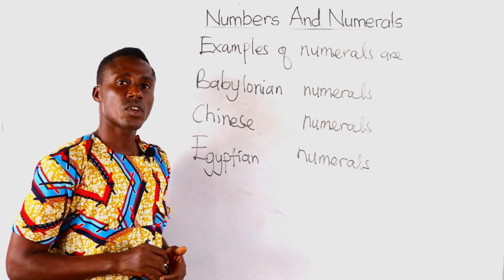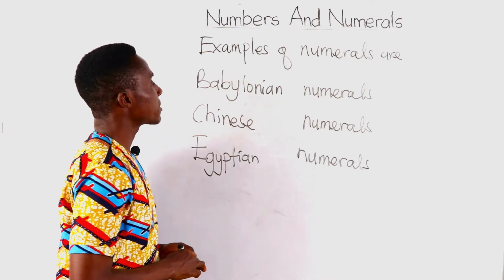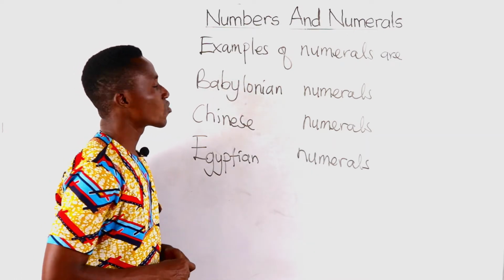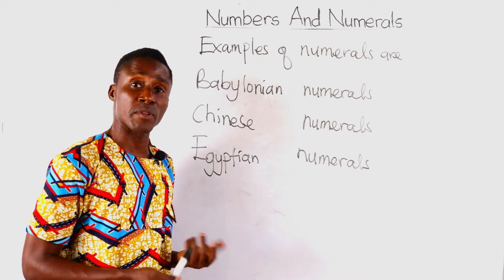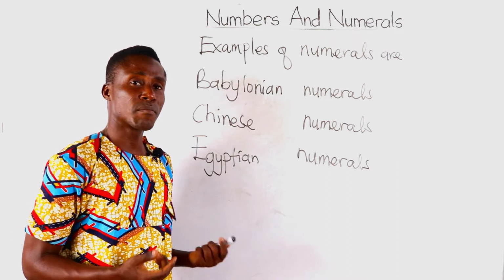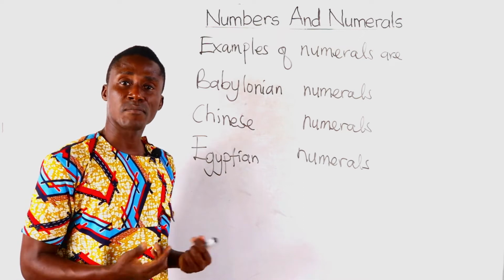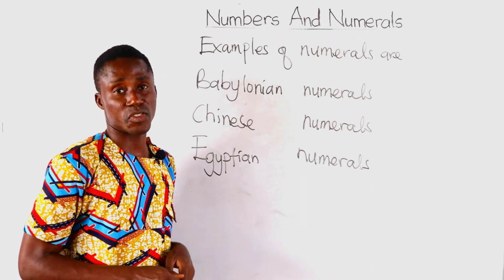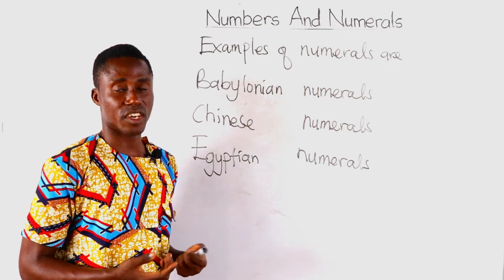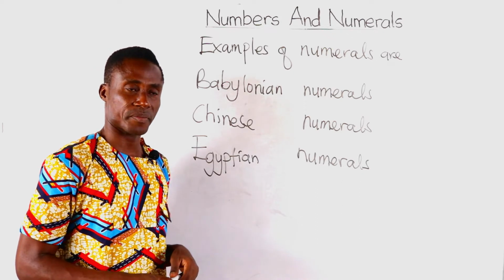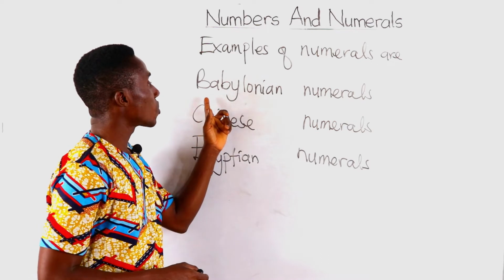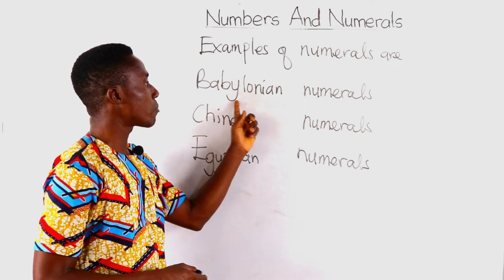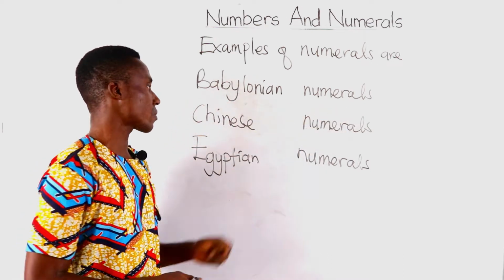Okay, so the Babylonian numerals. The word Babylonian refers to the people who come from Babylon. In this modern time, Babylon is actually Iraq, the country called Iraq. So the people of Babylon created the Babylonian numerals.